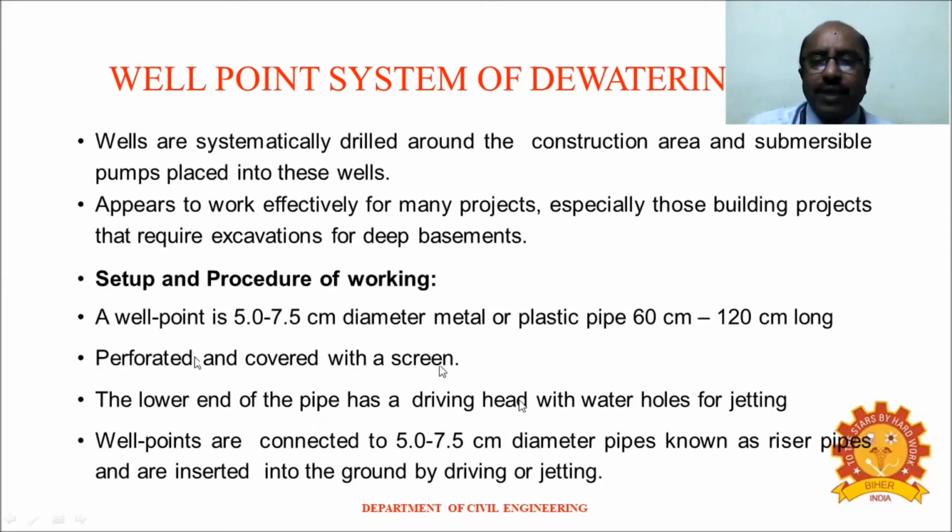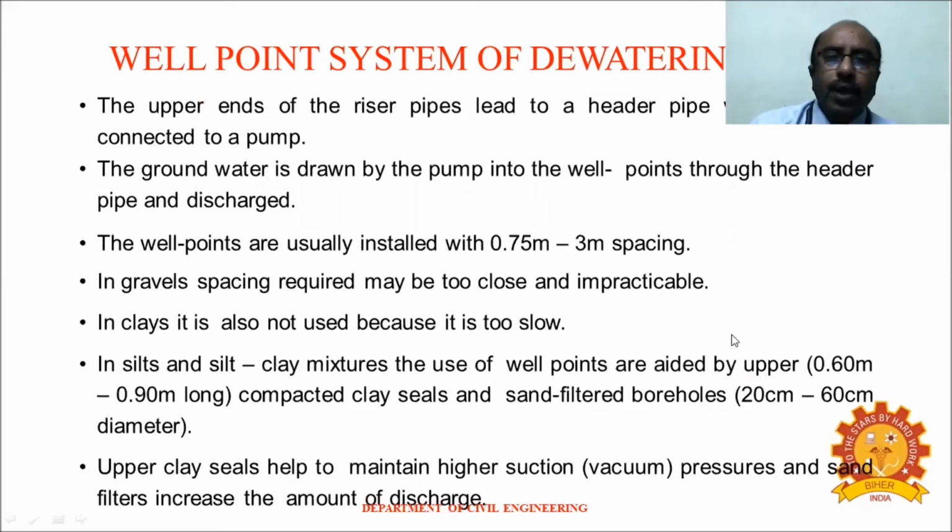The lower end of the pipe has a driving head with a water hose for jetting. Well points are connected to 5 to 7.5 centimeter diameter pipes known as riser pipes and are inserted into the ground by driving or jetting. The upper ends of these riser pipes lead to a header pipe which is connected to a pump.